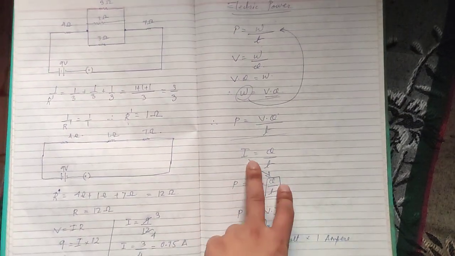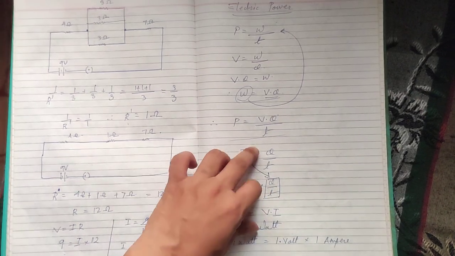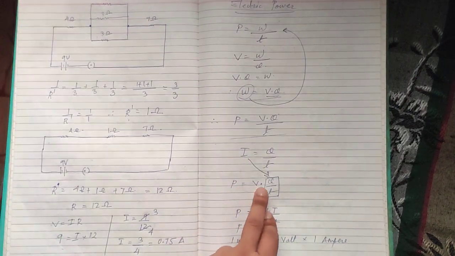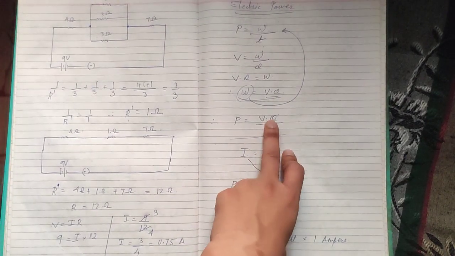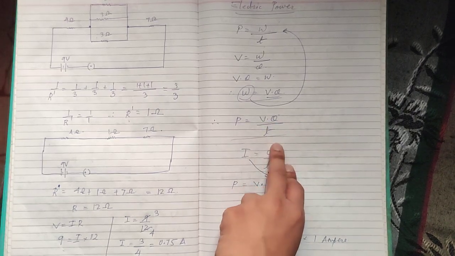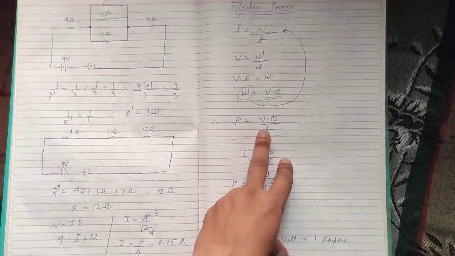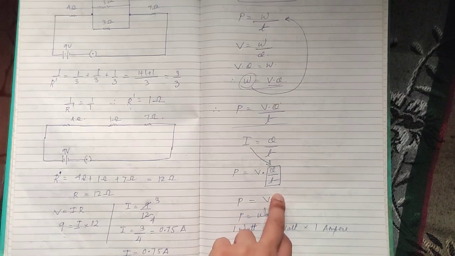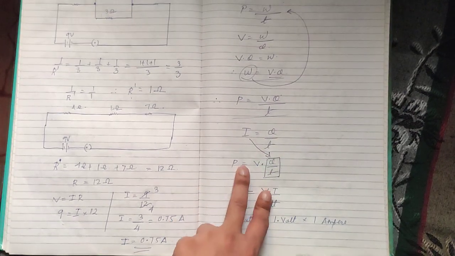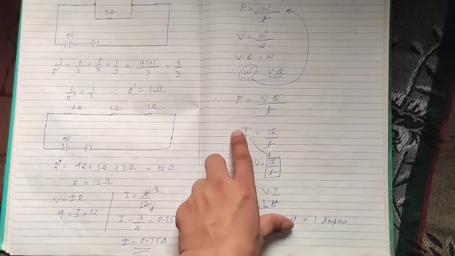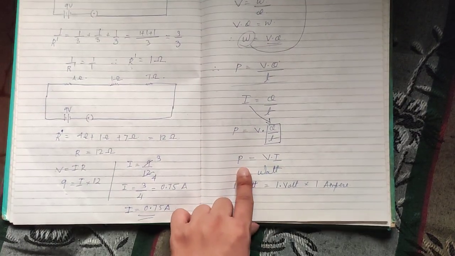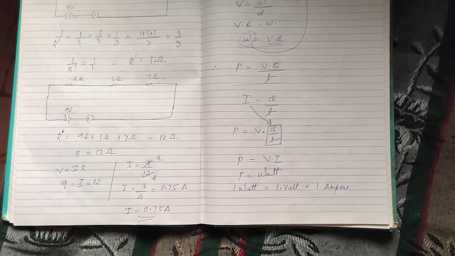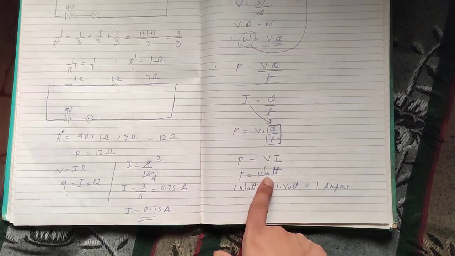We had also studied the formula and the definition of electric current, that is the number of charges flowing in a certain amount of time, so I is equal to Q upon T. Over here in our formula of power, V into Q upon T, because they are all in multiplication, we can separate them, and V can be separated and we can multiply Q upon T. But we also know that Q upon T is current, so we replace Q upon T with current I. So our next formula for power becomes P is equal to VI, and this is the formula for electric power.